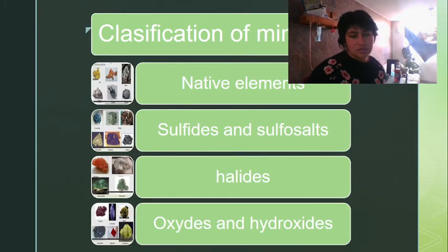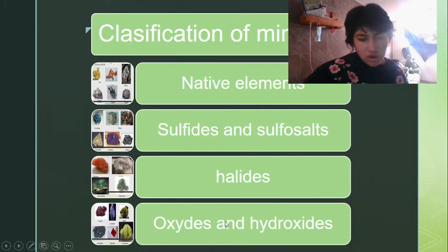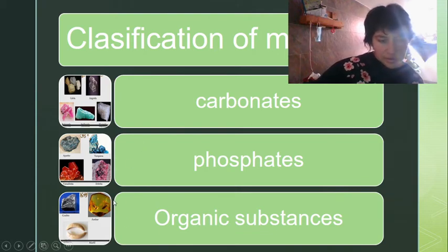Native elements: a small photograph of gold. Sulfides and sulfosalts, halides, fluorine, the orange fluorine, oxides and hydroxides, carbonates that are dolomite, phosphates, and organic substances like amber.